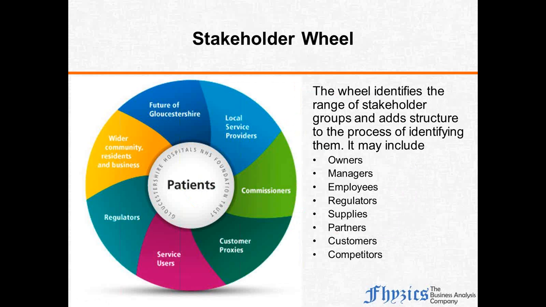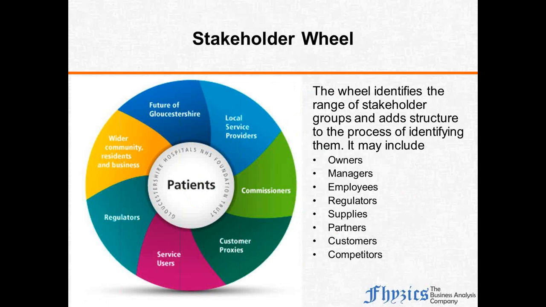The same way, if I am working in a particular organization, I can come out with a particular stakeholder wheel, because most of the time we do similar kinds of projects. Though our business analysis projects vary tremendously, we can put them into different buckets. These are all the products I am selling for this particular type of industry, and this is the outcome of this product, or these are the requirements delivered by this project or product.